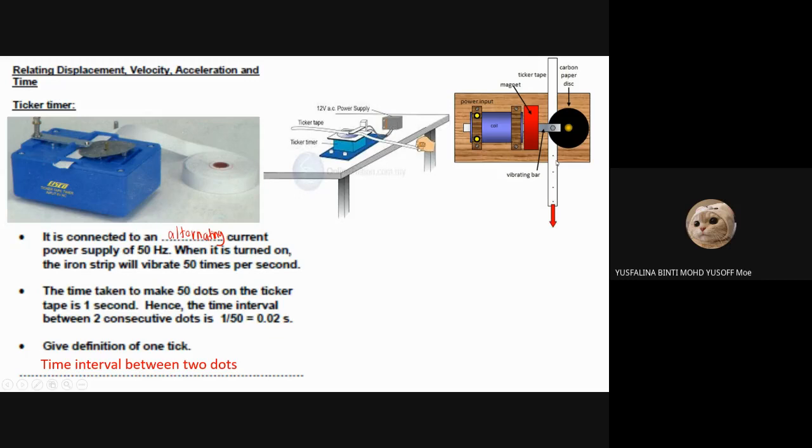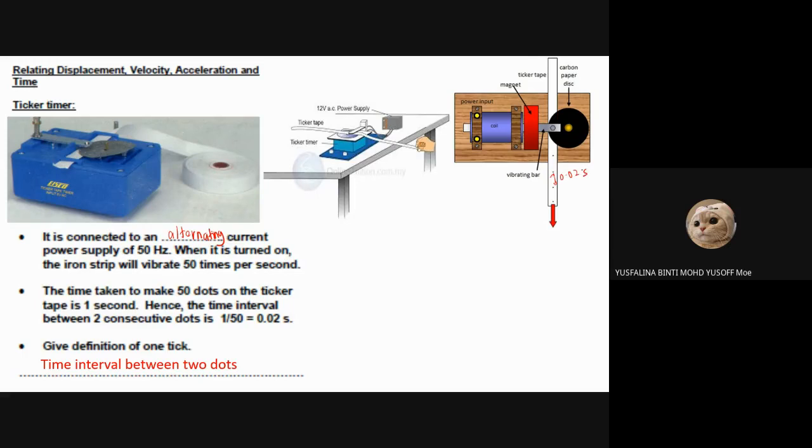The time taken to make 50 dots on the ticker tape is 1 second, hence the time interval between two consecutive dots is 1 divided by 50, which equals 0.02. Means from this dot to this dot, the time taken is 0.02 second.